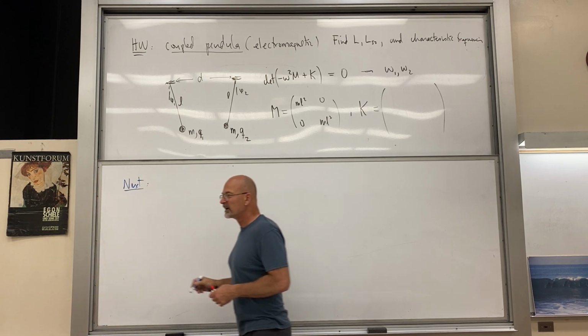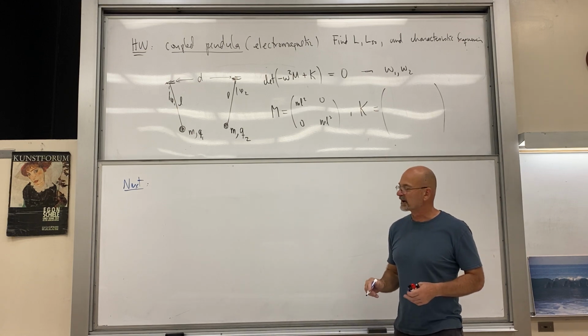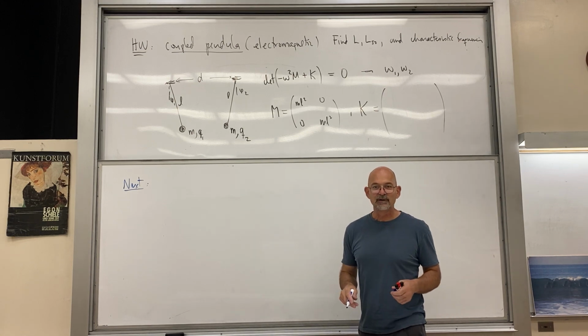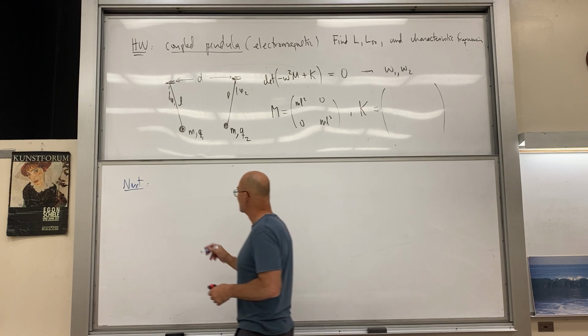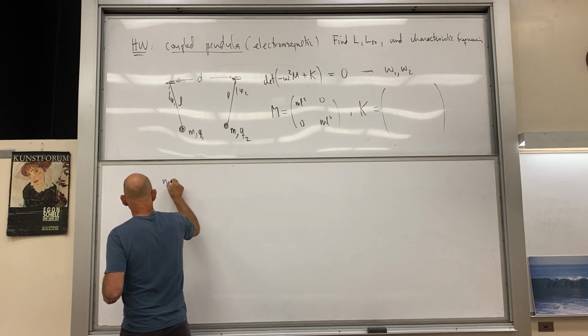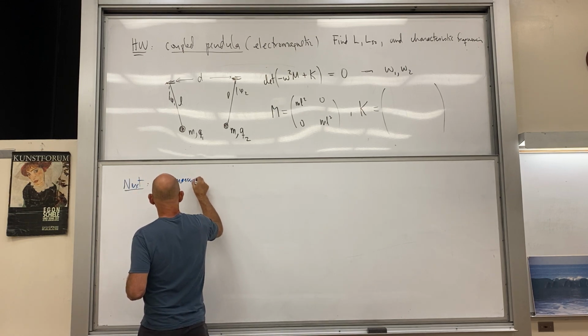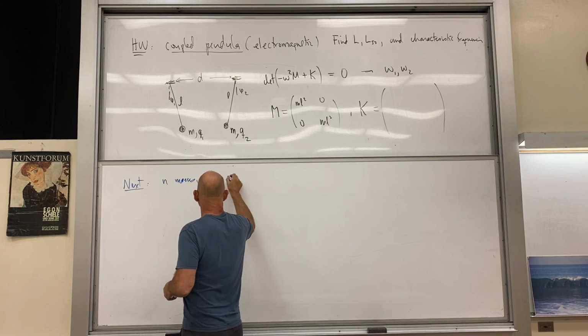What we're going to do now is, instead of 2 masses and 3 springs, we're going to have n masses and n plus 1 springs. Okay. N masses, n plus 1 springs.